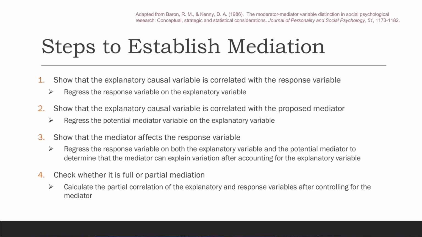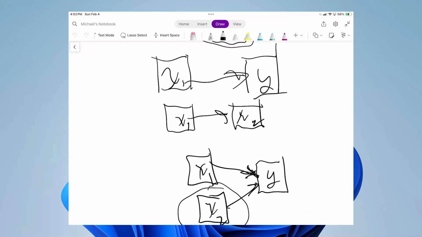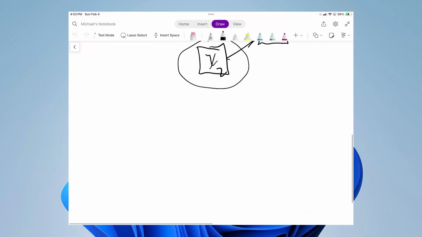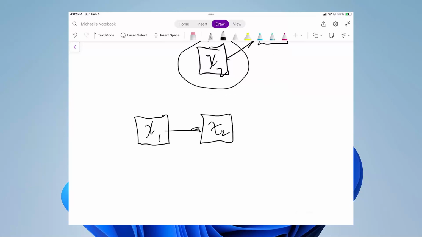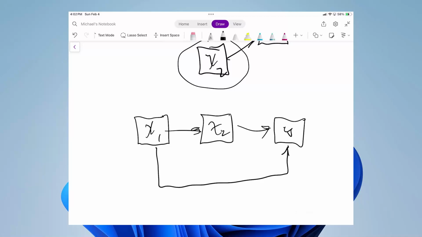So if you think back to the picture of where you could have direct and indirect effects, let me go ahead and draw that picture in. So we have x1, we have the potential mediator, x1 influencing x2, which in turn influences y, but then we could have this direct effect from x1 to y.